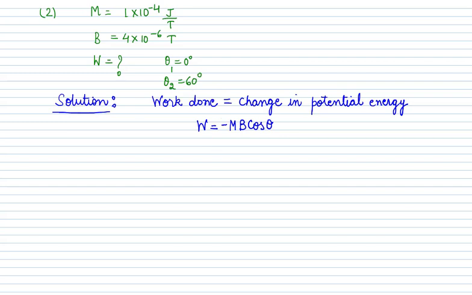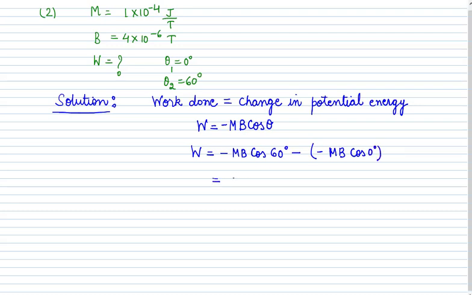So now we can calculate for different angles. We have to start from 0 degree and go to 60 degrees. So now we can calculate the work done. That will be equal to the change in potential energy. So we get minus mB cos 60 degrees minus of, because we have to take the difference, minus mB cos 0 degrees.